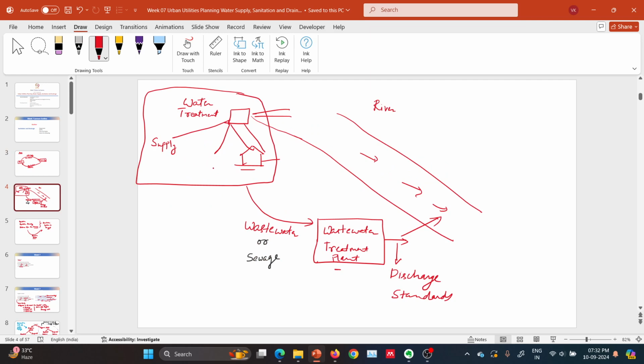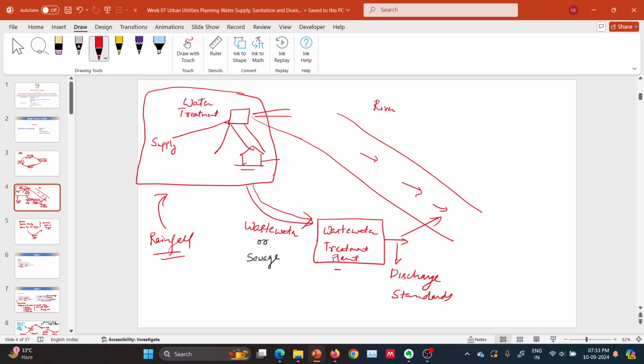If it is paved, runoff will also be generated from rainfall. If the rainfall water joins these sewers, then it is called a combined sewage system.